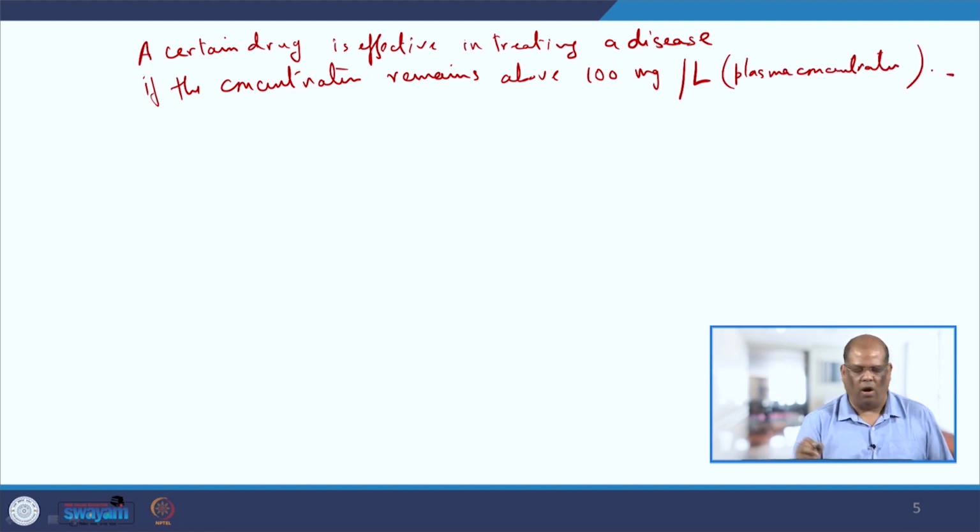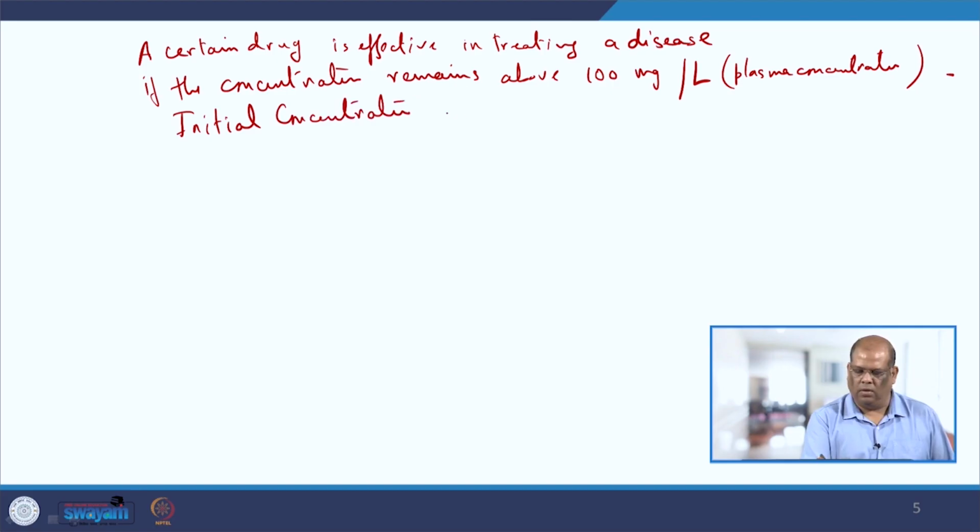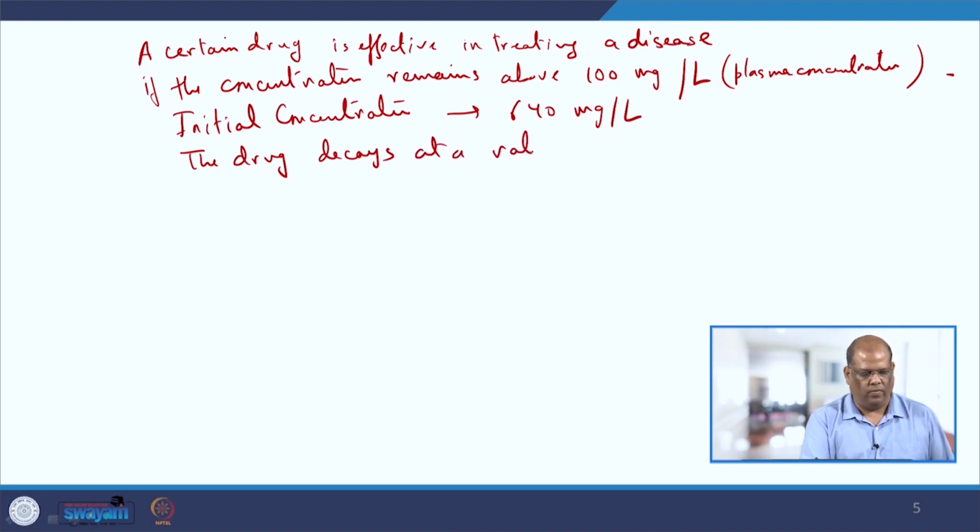It is a unit commonly used. Say the initial concentration is 640 mg per L. The drug decays at a rate of 20% of the amount present each hour.